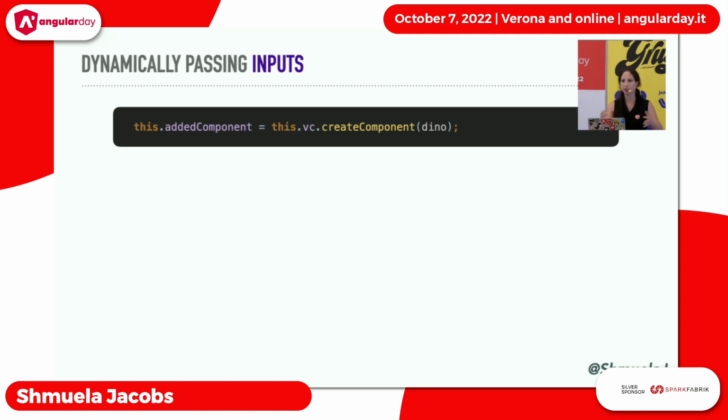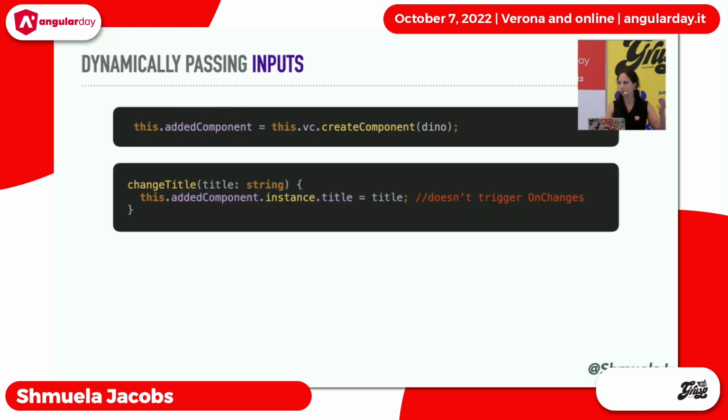It can be either on the class itself, or it can be a constant if you're doing everything in the same method. So here I added this member, added component. And now I can do stuff with it.